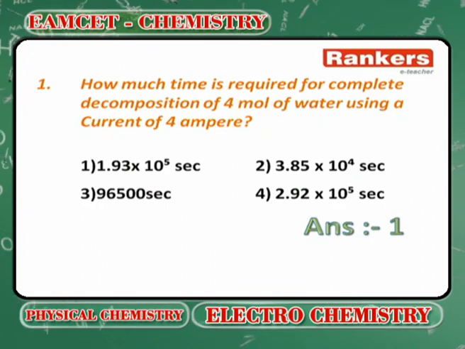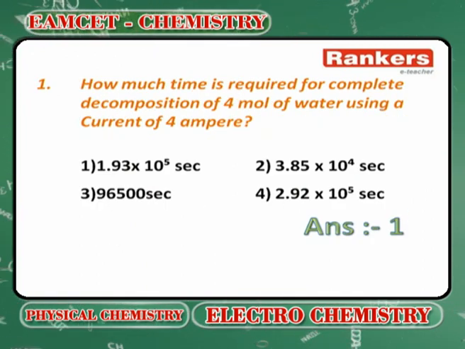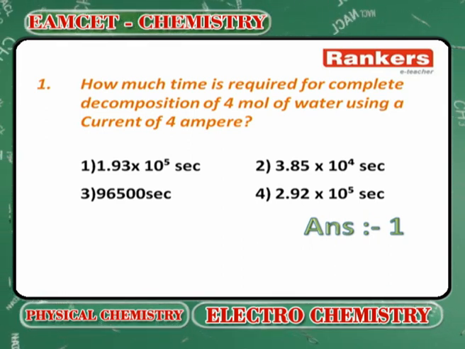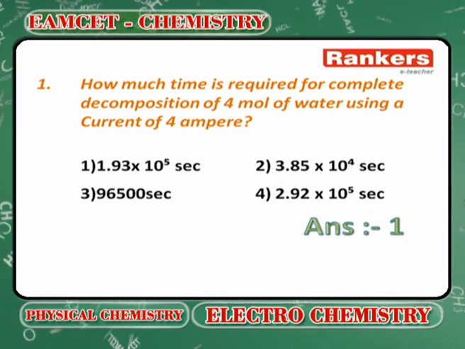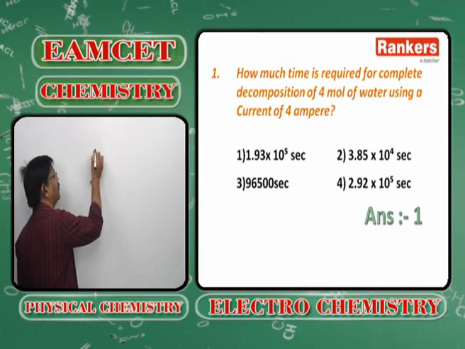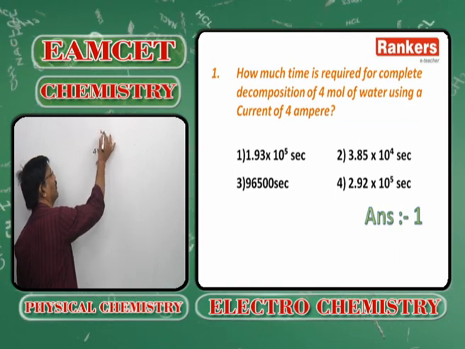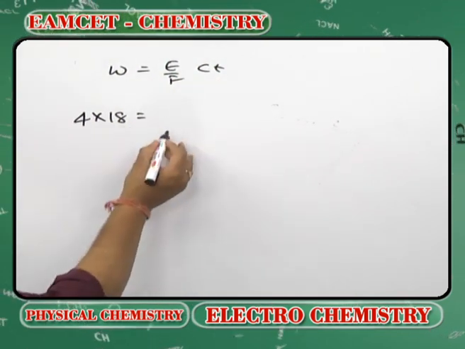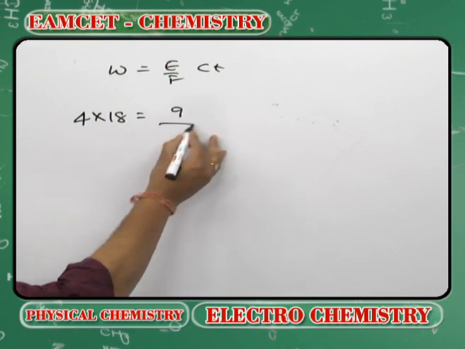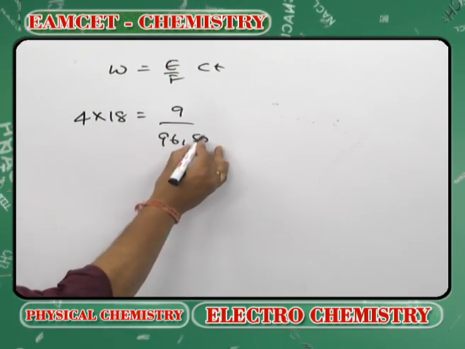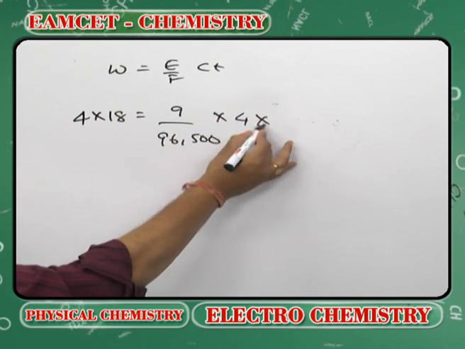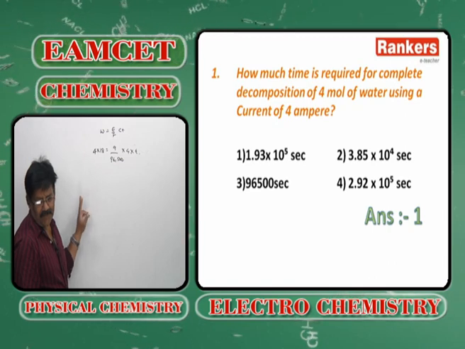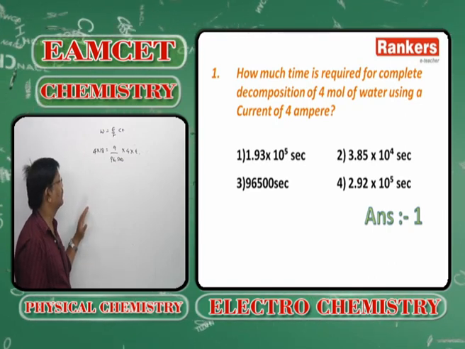Next, how much time is required for the complete decomposition of 4 moles of water using a current of 4 amperes? 4 moles of water means 4 into 18. What is the simple formula? W is equal to E by F Ct. 4 into 18, what is the equivalent weight of water? 96,500 into 4 into T. So solving, we get T as 1.93 into 10 to the power of 5 seconds.